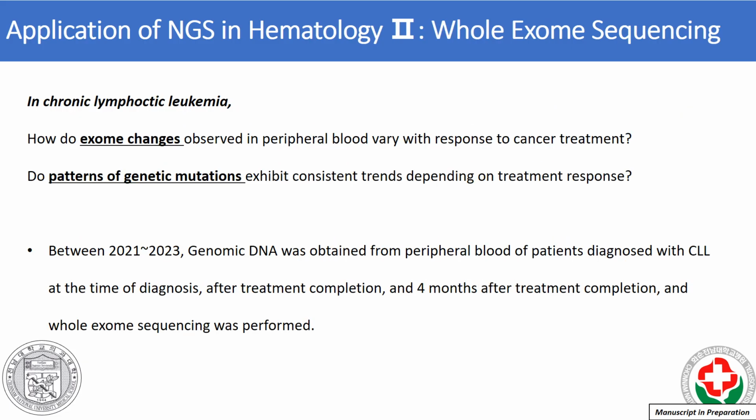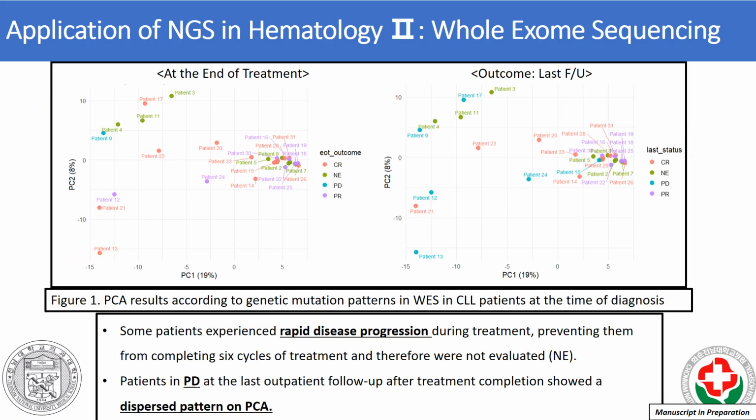Our second topic is chronic lymphocytic leukemia using whole exome sequencing. Here, our focus is mainly on how exome-wide mutation patterns change during treatment, and whether these patterns differ according to the treatment responses. This is the result of whole exome sequencing.